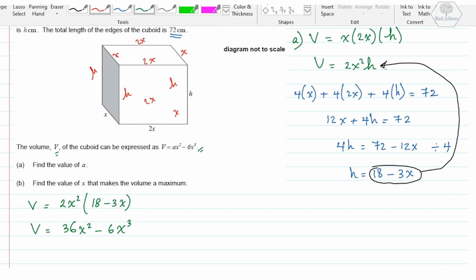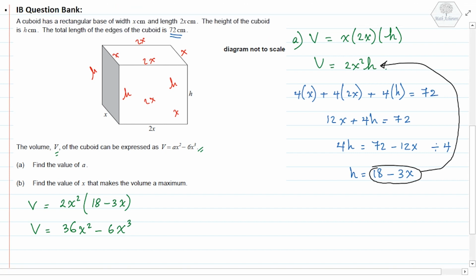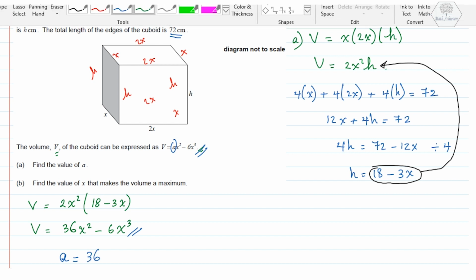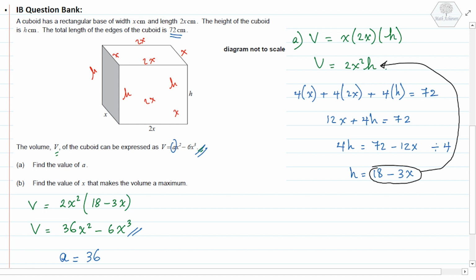So now you can see that this equation in here is similar to this one. It's 36x squared minus 6x cubed. Here we have ax squared minus 6x cubed. So we can realize that the value of a is equal to 36. So by this, we found that the value of a is equal to 36.